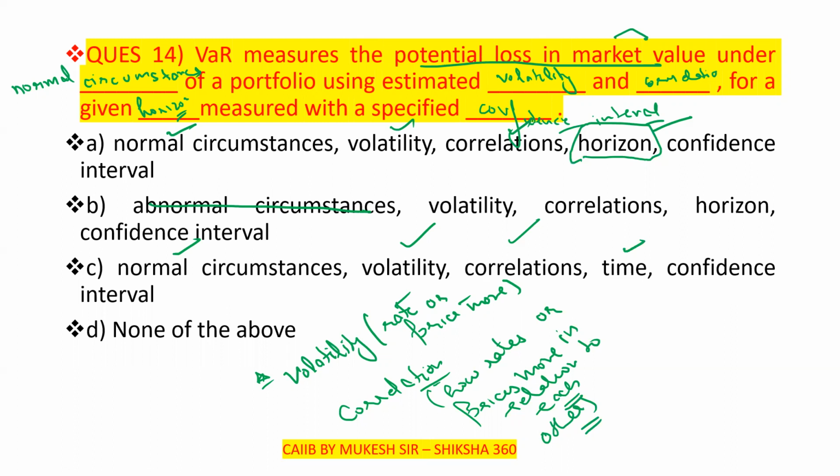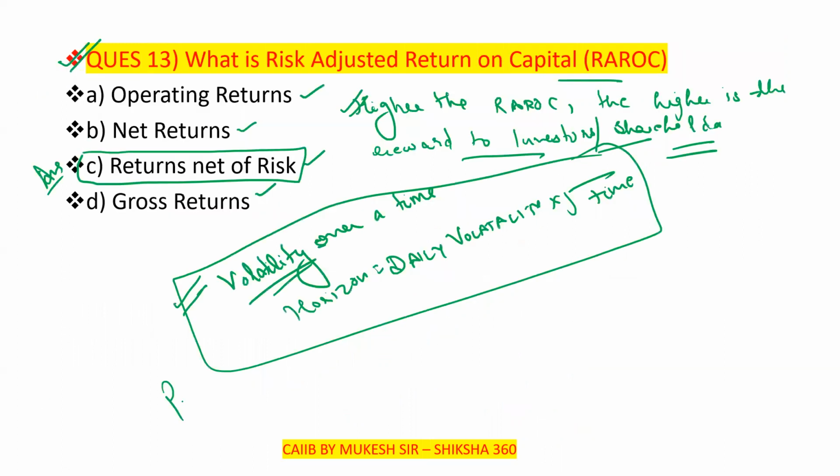Yesterday, in the previous session, we discussed the formula of the price volatility. Can anyone tell what it is?